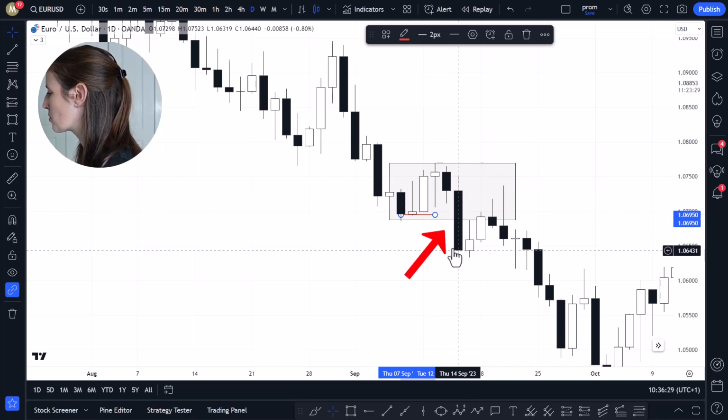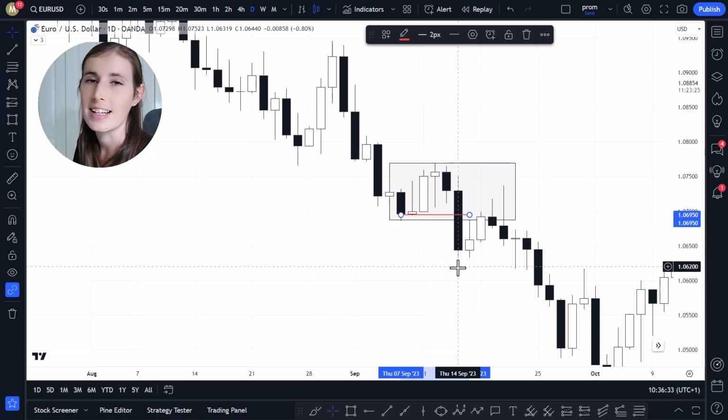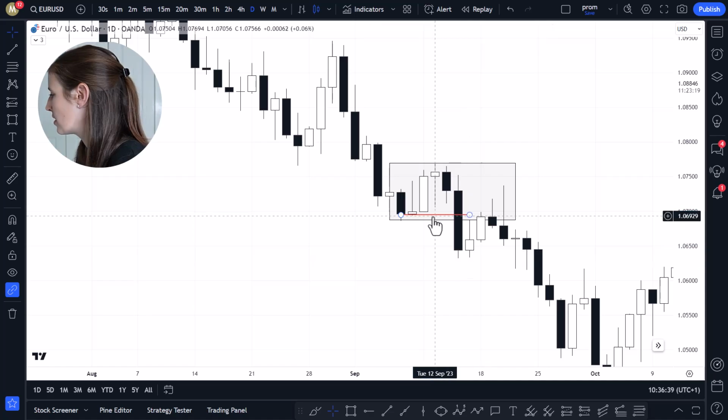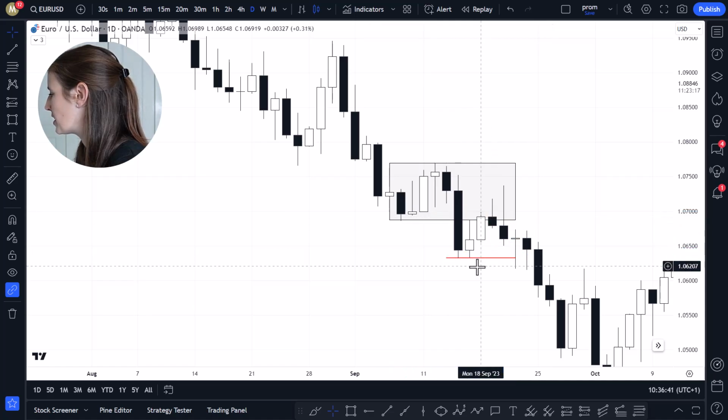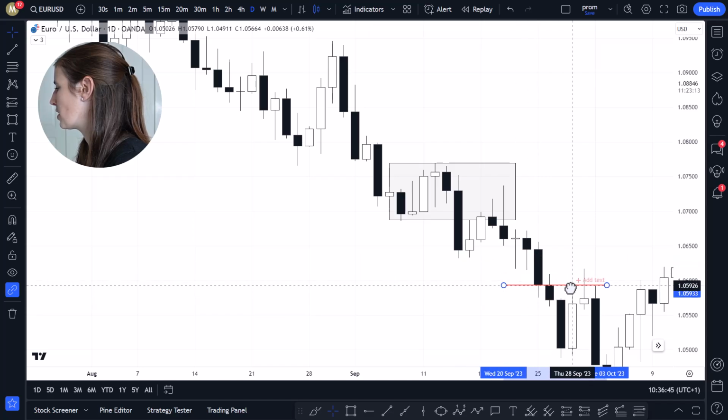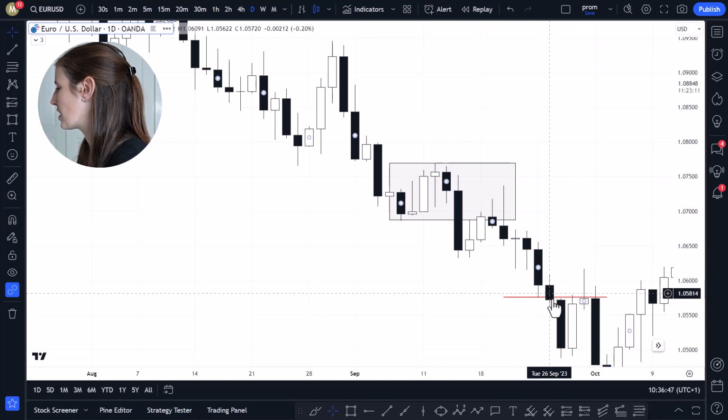However, we got this huge momentum candlestick down here. On the Thursday, that key daily level was broken, and so it gave an opportunity for some shorts. The same would then apply from this point here, which gets broken, and then from there you are looking for a break of the next daily low.